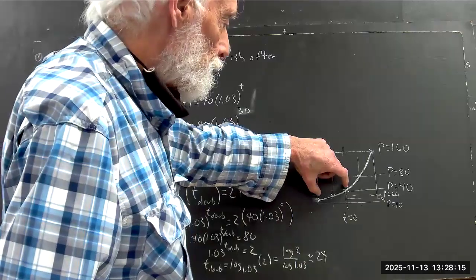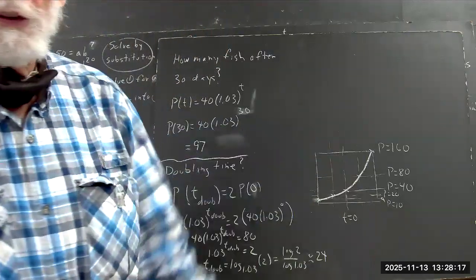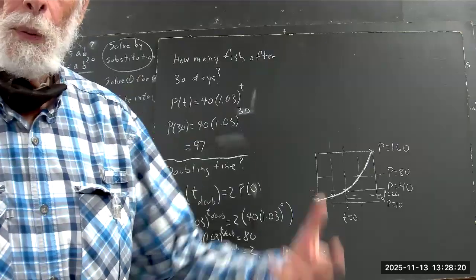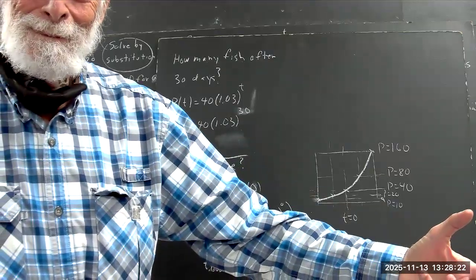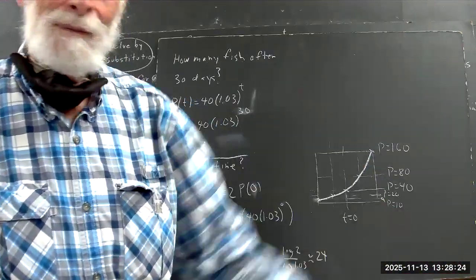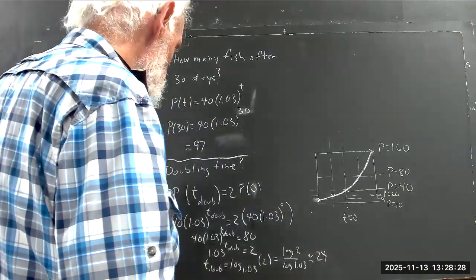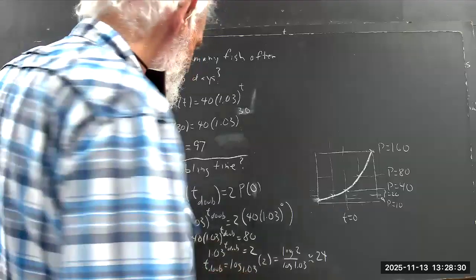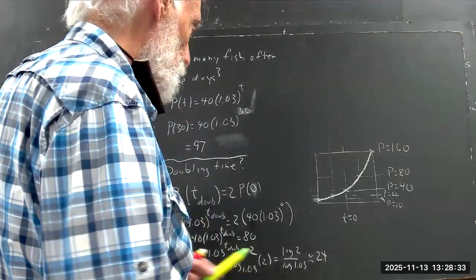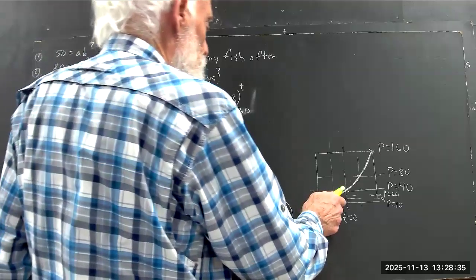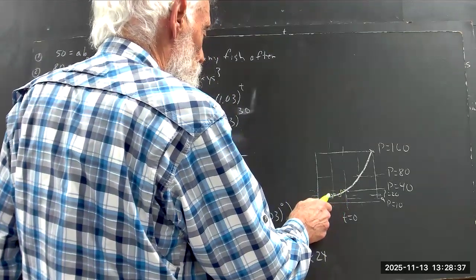But we're really not interested in what happened before t equals 0, because at t equals 0 is when we invested the money, or poured in a bunch of fish, or whatever it is we happen to be doing. So we can say this part of the graph doesn't really matter.